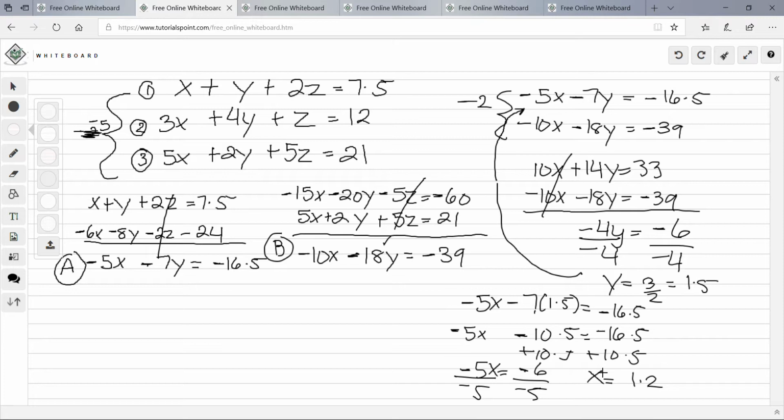Now let's solve for z. We can solve for z by putting it back into the first equation, equation 1. We know our x and we know our y.